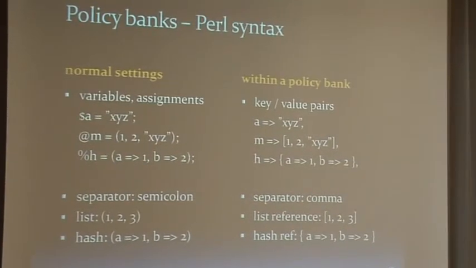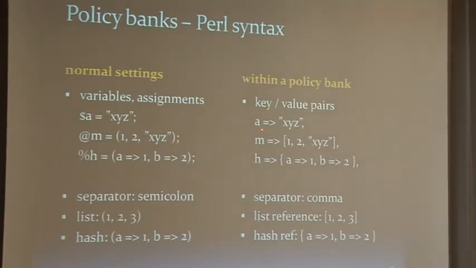Within a policy bank, because the policy bank is implemented as a hash, the syntax is slightly different. You don't have an assignment, you have this operator. You don't separate statements with semicolons, but separate key value pairs by commas.